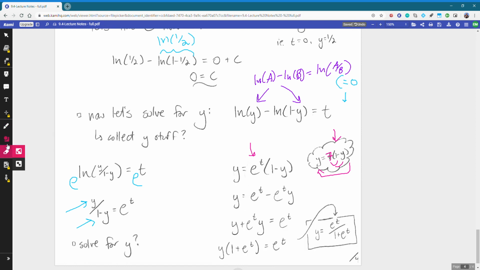So we distribute that e to the t to the 1 and the y, and then add the e to the t times y to the left-hand side. Now both of our terms on the left have this factor of y. Pull that out, divide by the coefficient we have, and voila. We have solved explicitly for our solution function to our initial value problem.